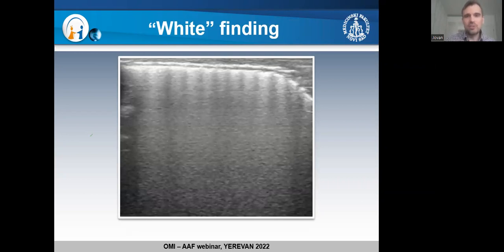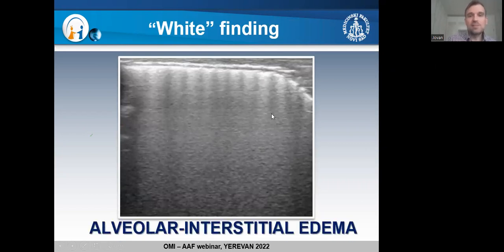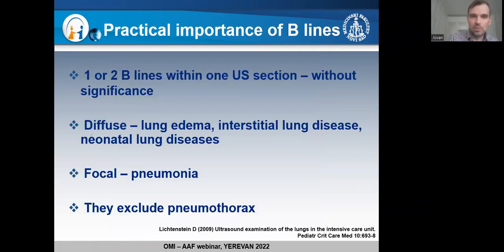On the other hand, you can see this white finding. So what is this? This is a compact pattern of B lines. Looks like a white lung, white finding. And this is the sign of an alveolar interstitial edema.